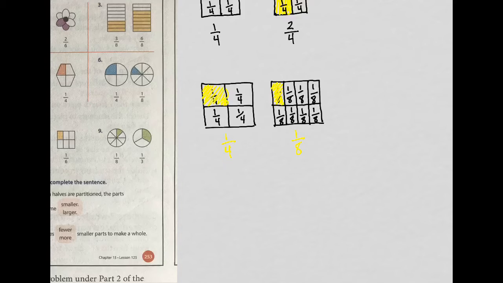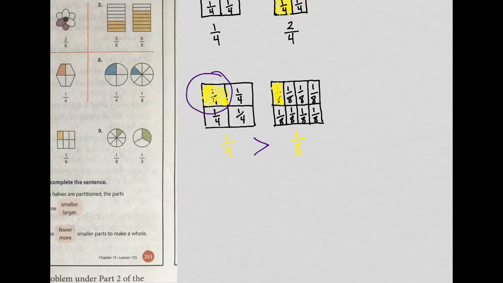Which piece is bigger? What do you think? If this was a pan of brownies, would you want the 4th size piece or the 8th size piece? I guess it depends on how hungry you are, but the 4th size piece is bigger. So 1/4 would be greater than 1/8.